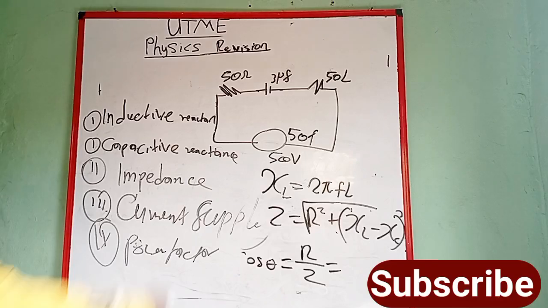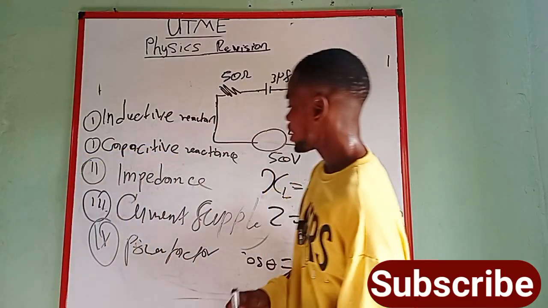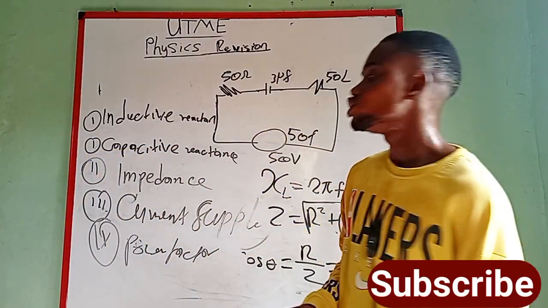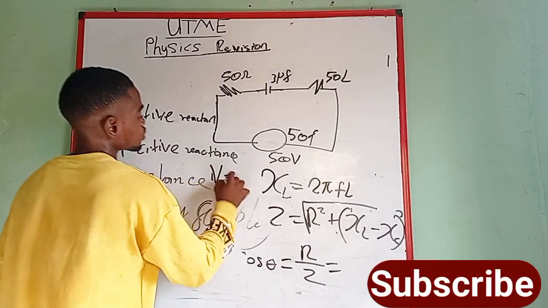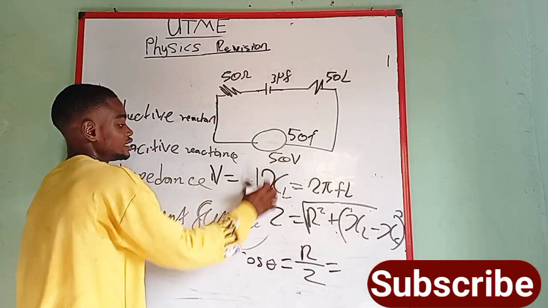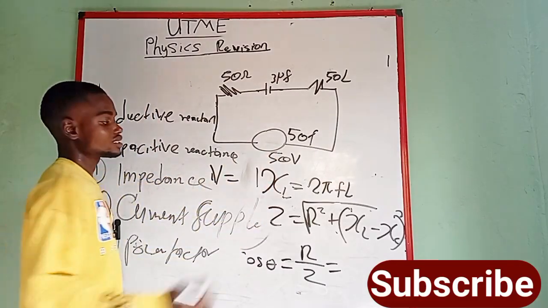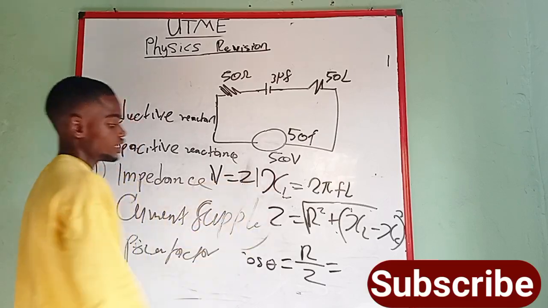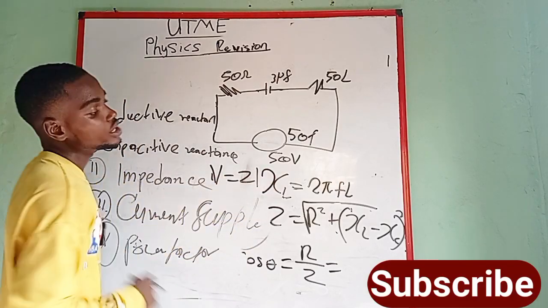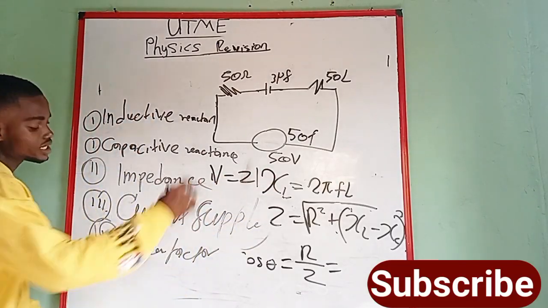So after you have done this, let me know your answer in the comment section. Now to find the current supply, you use V equals I times Z, where the resistance here is not only the opposing resistance, it is the impedance. So we use this to find the current supply, and finally the power factor.